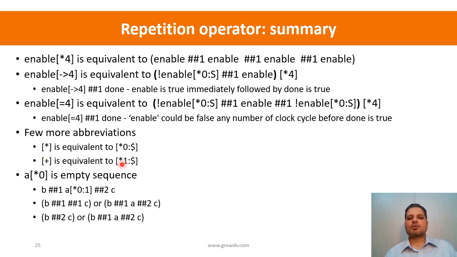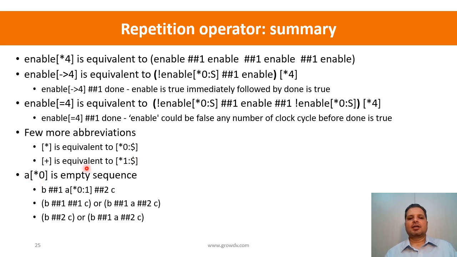Note over here that it is 1 to dollar. If I put the plus, then it is 1 to dollar. That means that at least one time it should get asserted. But if I put star, then it is 0 to dollar. Even the 0 repetition will still match. So just keep this thought in mind.